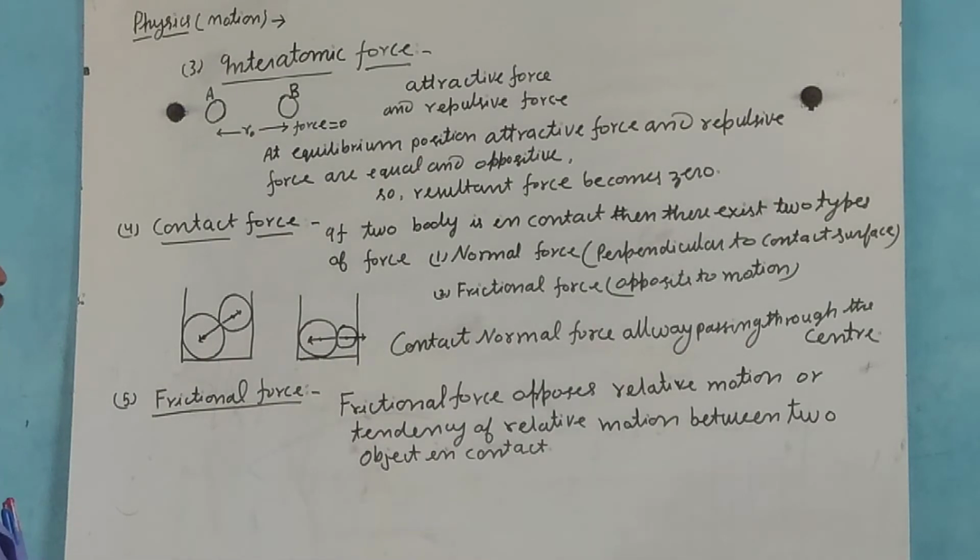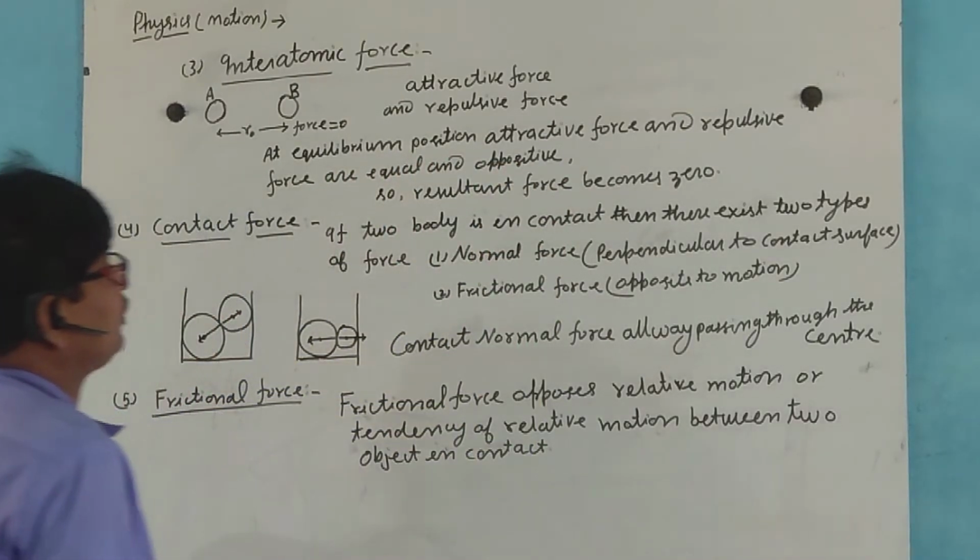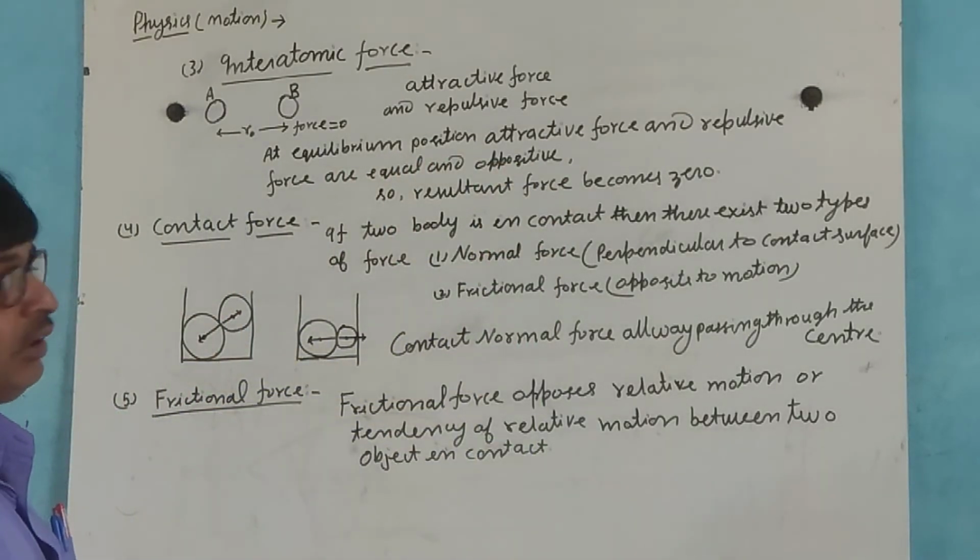If the atoms come to each other, then at the equilibrium position, attractive force and repulsive force are equal and opposite, so that the resultant force becomes zero.